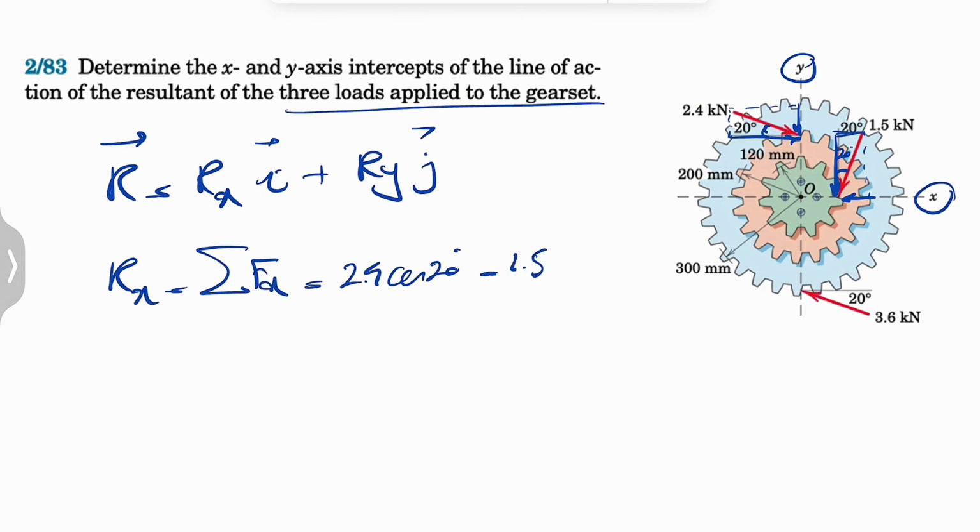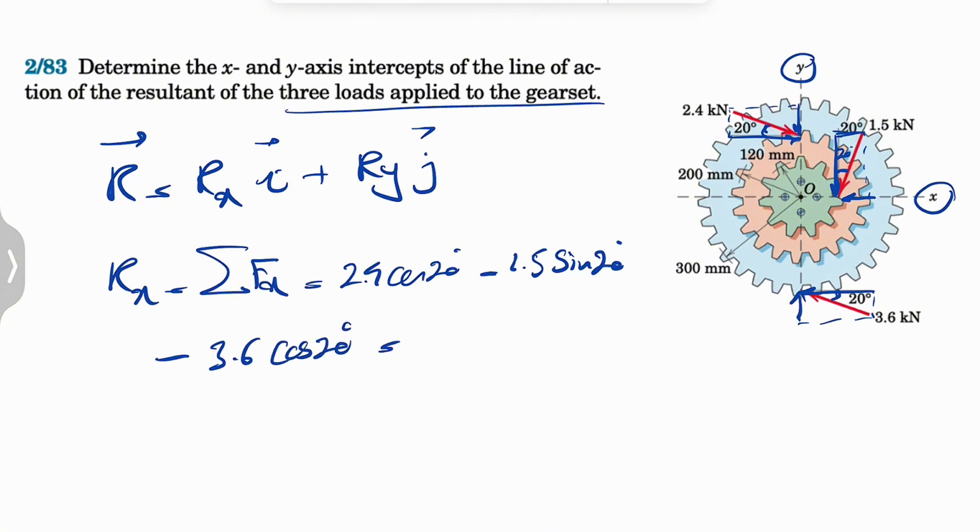This time we're looking for the opposite side, which is sine of 20 degrees. And the last force, the 3.6 kilonewtons. This will be the X, this will be the Y. You can see the X component is to the left, so negative 3.6, and this angle is 20 degrees, so negative 3.6 cosine of 20 degrees.